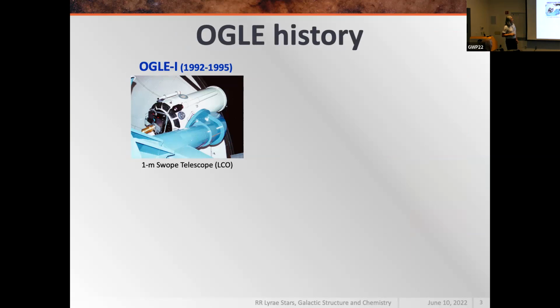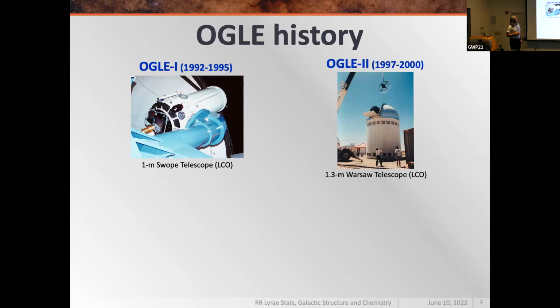The first phase of the OGLE project was carried out with this 1-meter Swope telescope at Las Campanas Observatory. Then in 1996, the dedicated 1.3-meter Warsaw telescope was built, and in January 1997, the OGLE-2 project started.